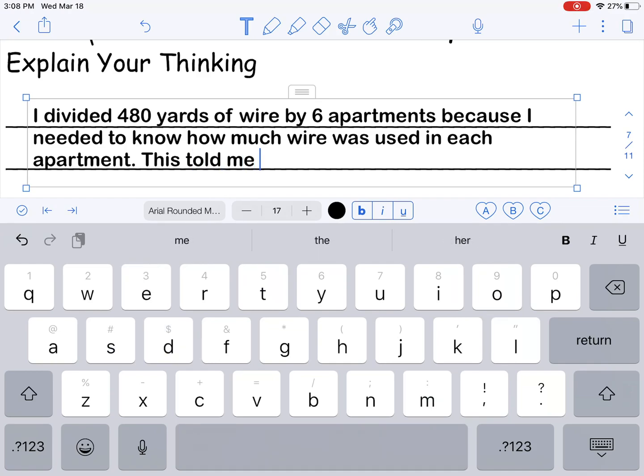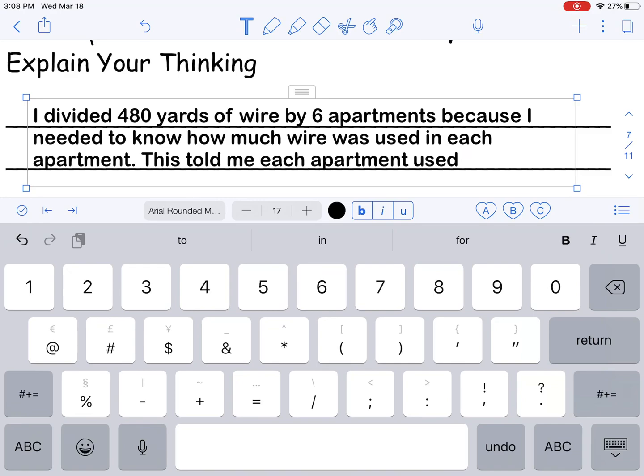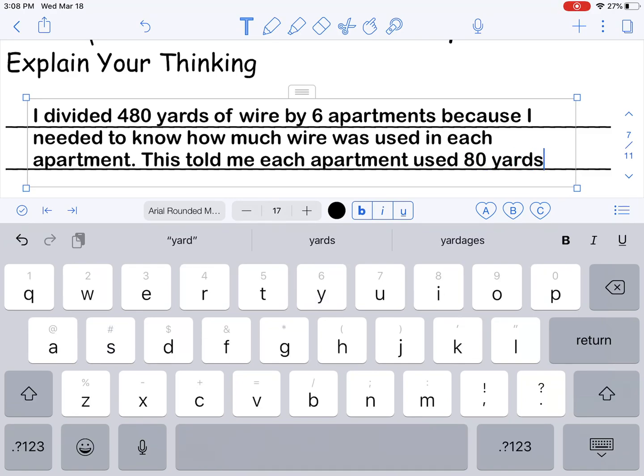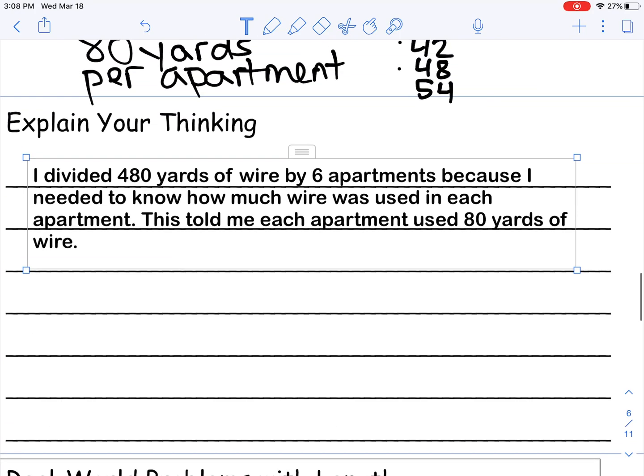This told me each apartment used 80 yards of wire. So again, that's one of those length real-world problems that you don't have to convert units.